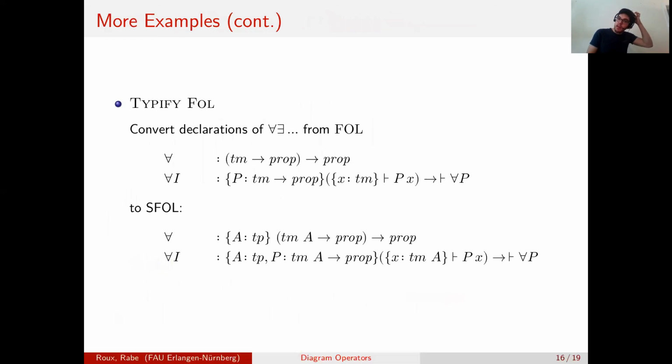Right. As another example, we got typify-full, where we start in the first-order logic world, and there we consider the actual formalization of first-order logic.